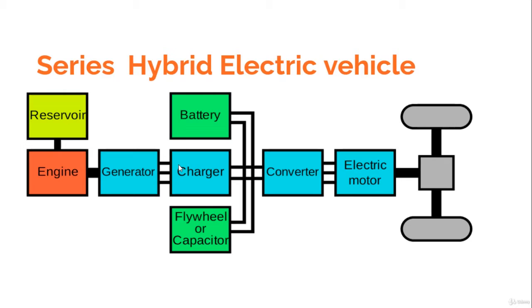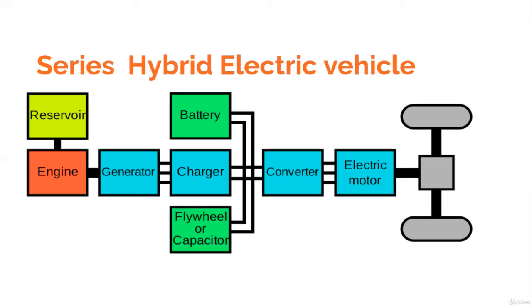It requires proper algorithms, and the conversion steps are multiple. So the arrangement is pretty simple. The schematic shown in front of you would convince you that this is the simplest of the hybrid electric vehicles.